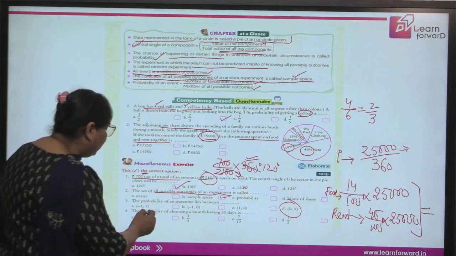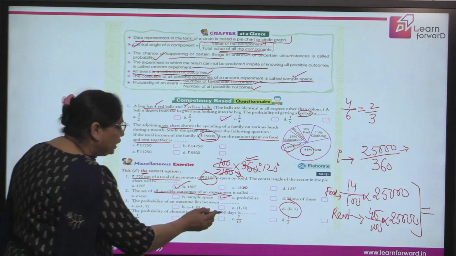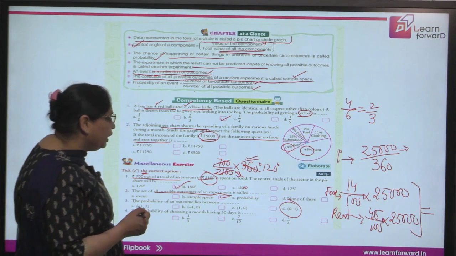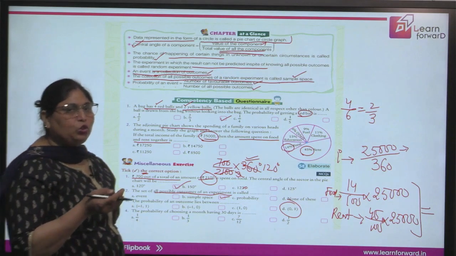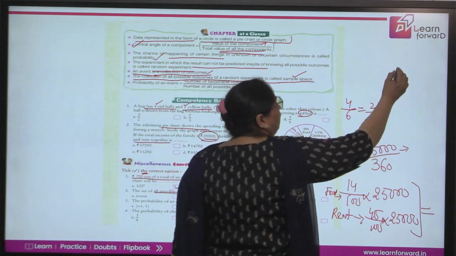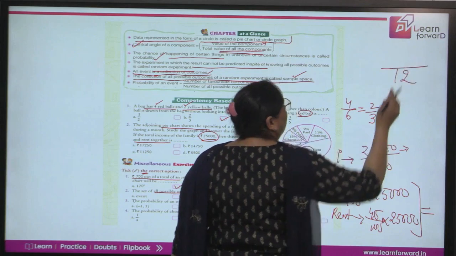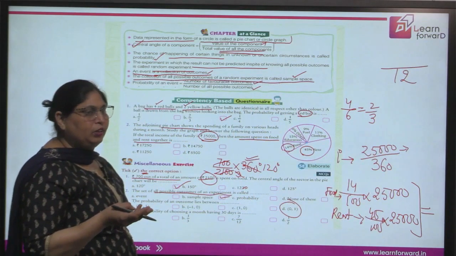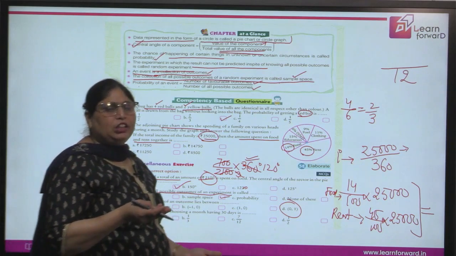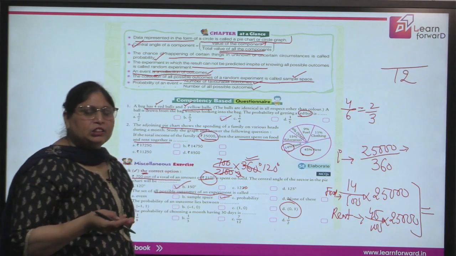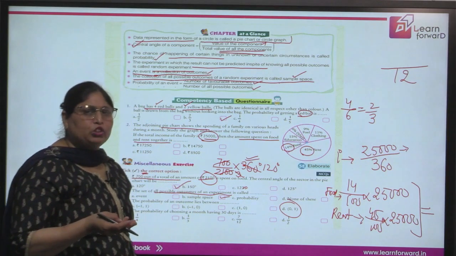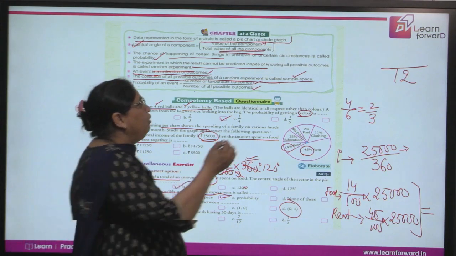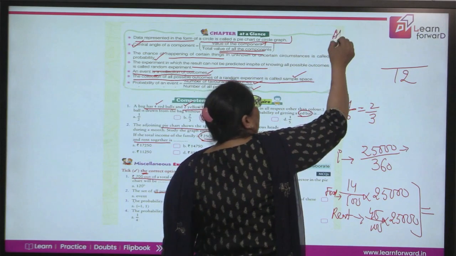The probability of choosing a month having 30 days: the total number of months is 12. January has 31, February has 28 or 29 if it is a leap year, so that is omitted. 31 in March. Now April will be considered, May will not be considered.